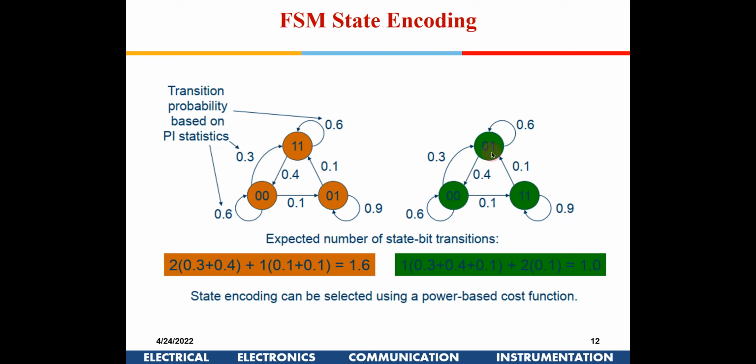So I put 0 0 here and 0 1 here, because in this particular path the probability is higher, and that is why I use only a 1-bit change state here. Now if you compute the total, it is 0.3 and 0.4, and from here to here there is one more 0.1, 1 into 0.1. And from here to here there are 2-bit changes, so that is 0.1 times 2. So the total activity here is just 1.3, compared to 1.6 earlier.